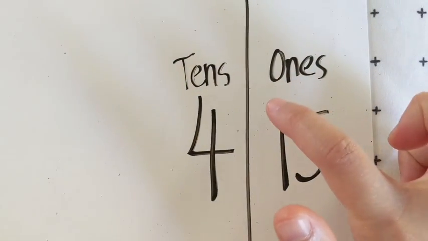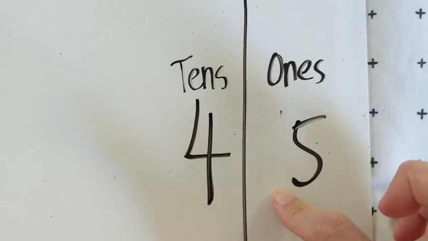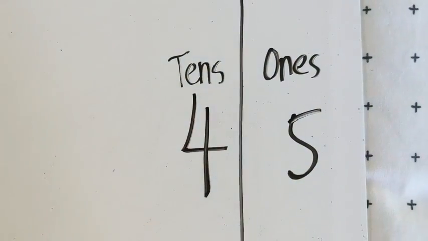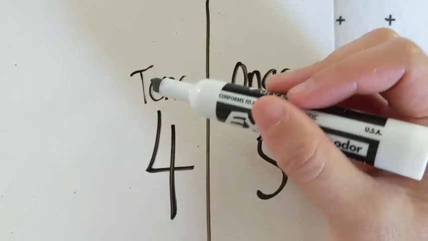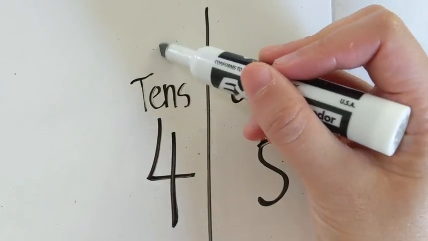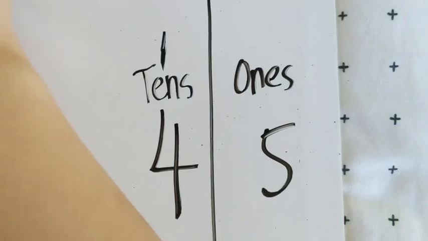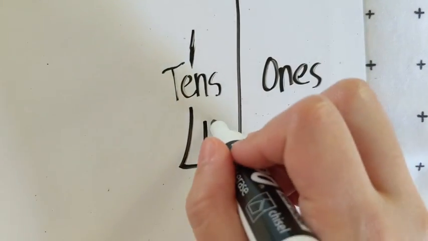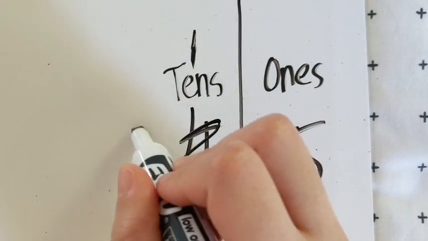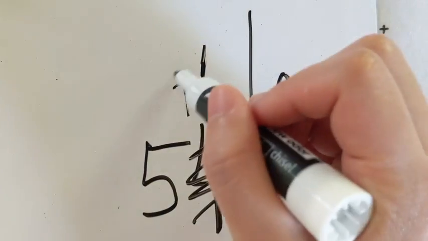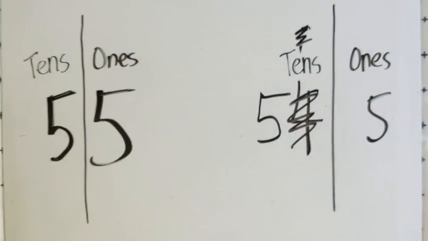Let's move this one over. So there's 5 ones, and then that one carries over here. So there's actually 5 tens. So instead of 4, it's actually 5 tens. Okay? All right.